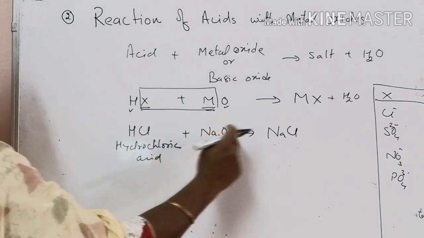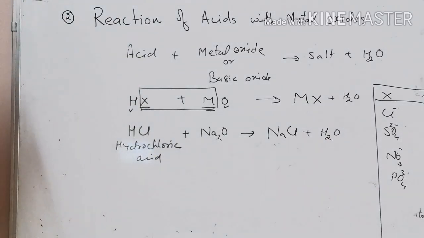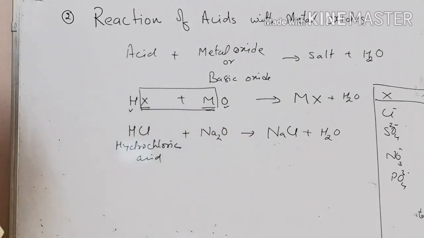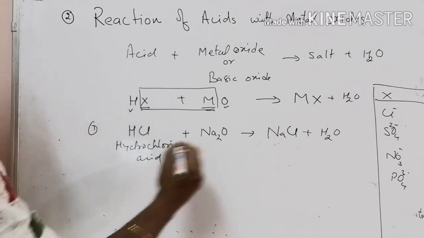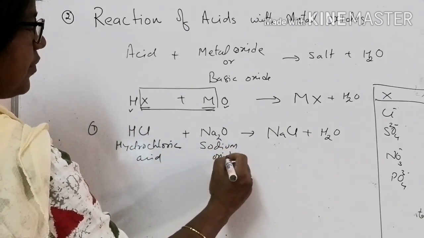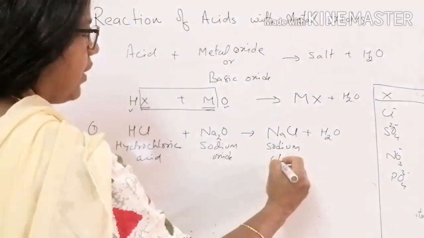Hydrogen combined with oxygen to form water. So as the reaction of acid with metal is a displacement reaction, here the reaction of acid with metal oxide is a double displacement reaction. Salt formed will be sodium chloride.